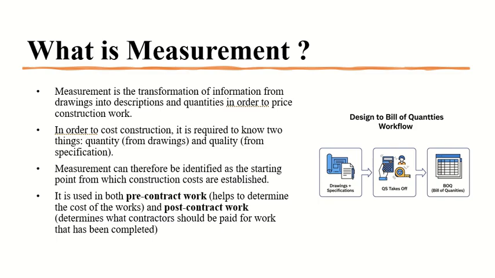So measurement is the first point from which your cost calculation will begin. Somebody asks you about the cost of the project. Your first step is to go to the drawings and specifications and start collecting those things, so you can get an accurate cost.